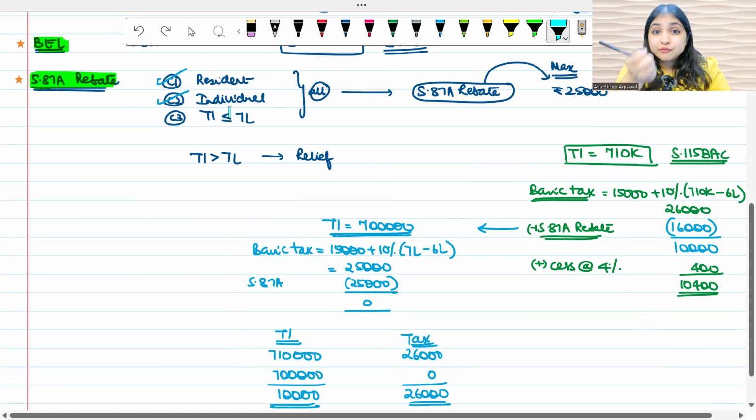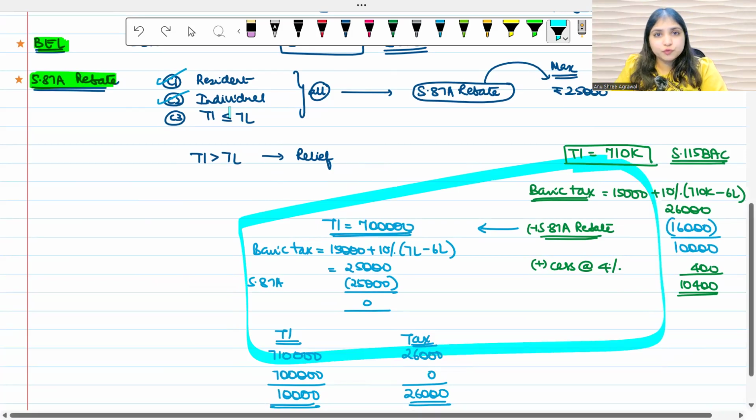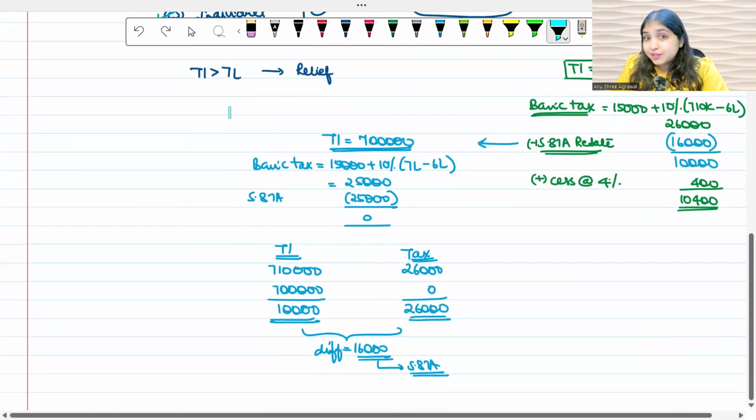If total income is even 1 rupee more than 5 lakh, forget about 87A rebate. No relief calculation with respect to rebate also. That's all. If it is more than 5 lakh, no rebate. But in 115 BAC, even if your total income is more than 7 lakhs, you may still have rebate, all right, on the basis of this calculation over here.